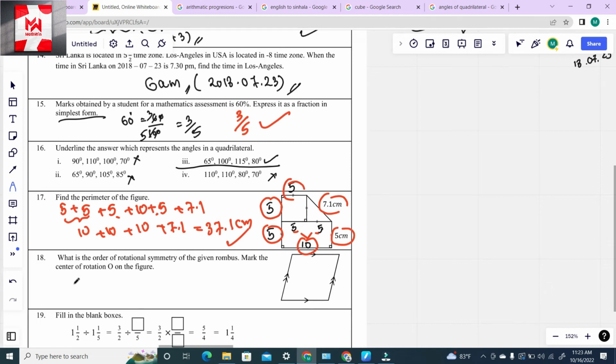So to find the center of rotation, you can draw this line and this one. This will give you the rotational symmetry.